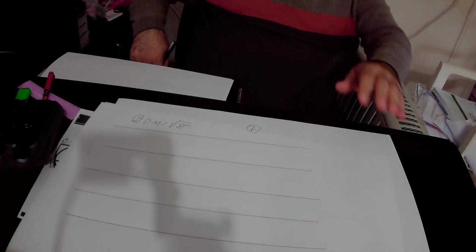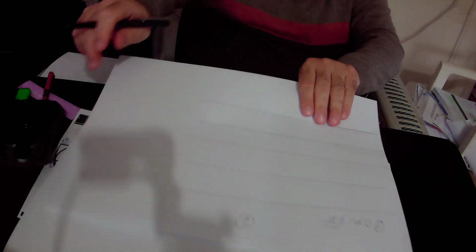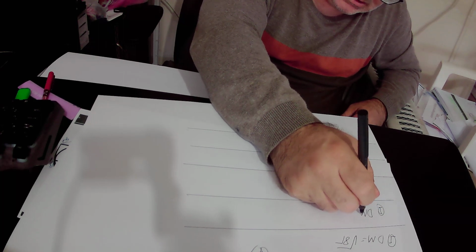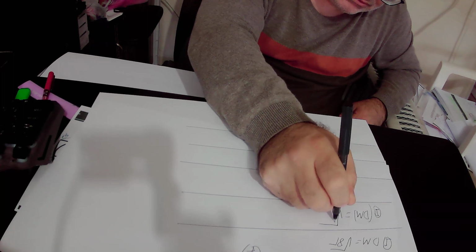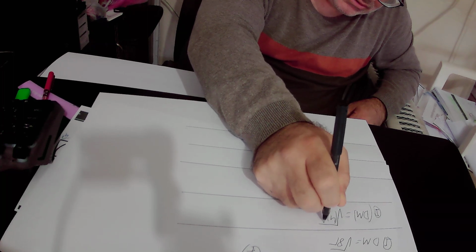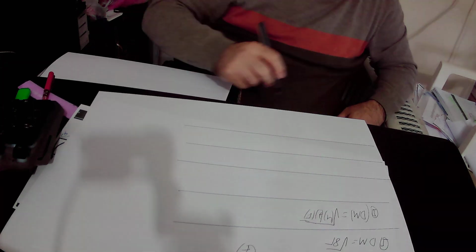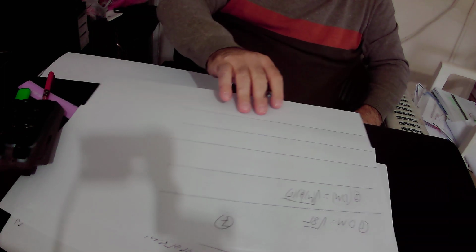We found out that DM equals the square root of 8R. We know that 8 is 4 times 2, so we will substitute 8 in this equality by 4 times 2, and we will get that DM equals the square root of 4 times 2 times R. The square root of 4 is 2, so we write it down.